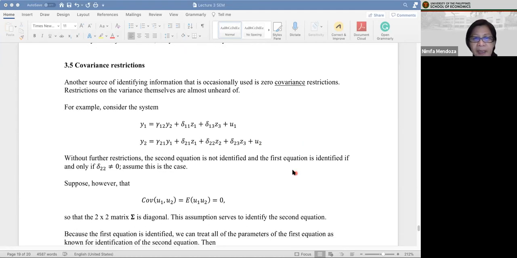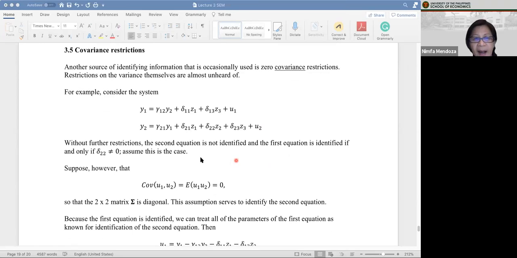For example, consider this system. In y sub 1, we do not have c sub 2. In the second equation, we have all three exogenous variables, c sub 1, c sub 2, c sub 3. Without further restrictions, the second equation is not identified, and the first equation is identified if delta sub 2 2 is not equal to 0.